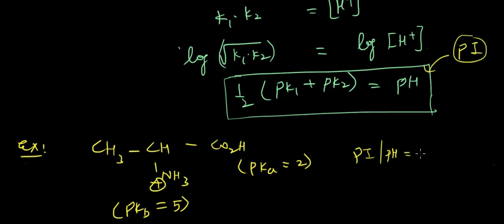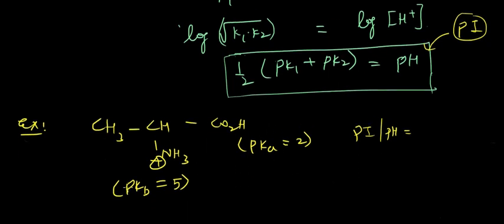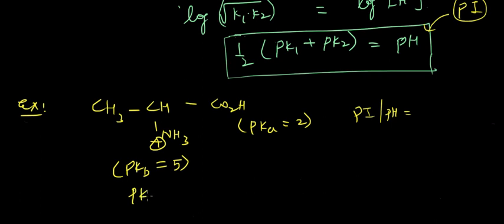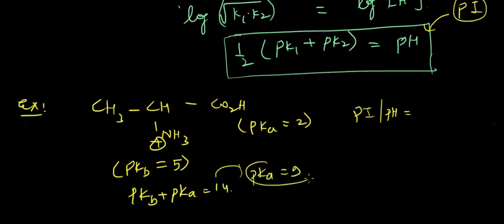But this is pKb, so first we have to convert it into a pKa value. We know that pKb plus pKa should be 14, so the pKa in this case would be 9. So pK1 is 2, pK2 is 9, divided by 2, which is 5.5.